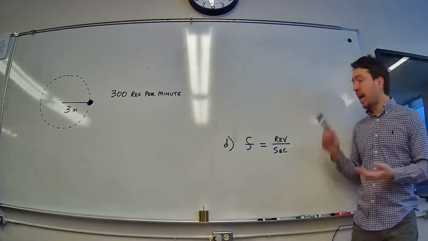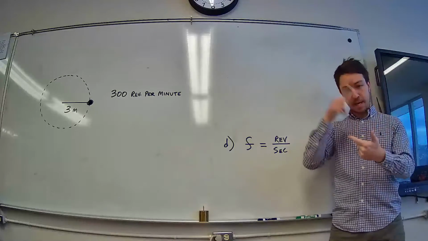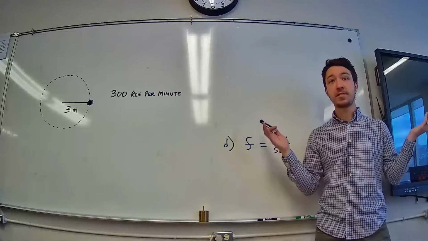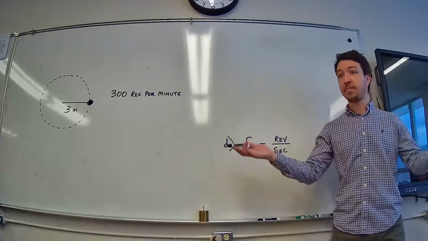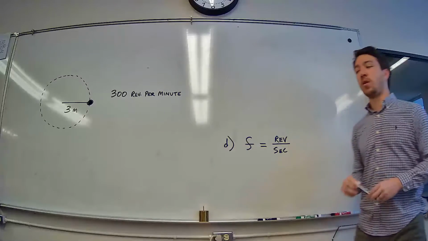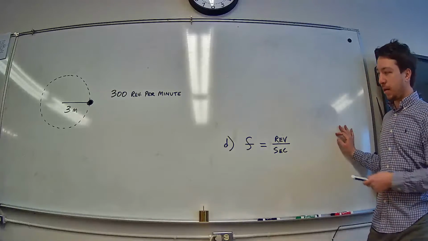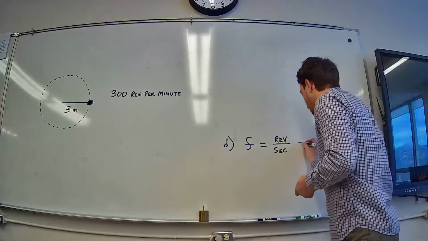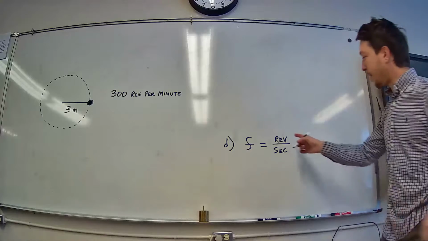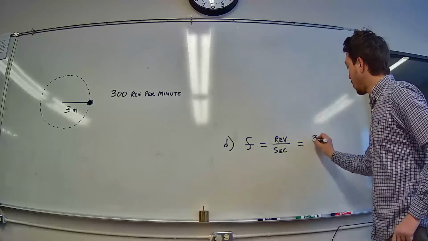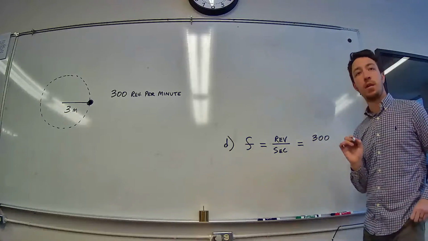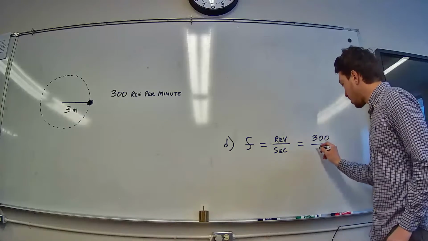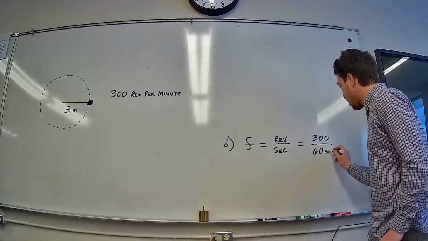Anyway, it's just how many cycles per second. I'm sure you've all heard the word megahertz or gigahertz at some point. I'll get to that in a second. So how many revolutions? 300 revolutions over how many seconds? 60 seconds.